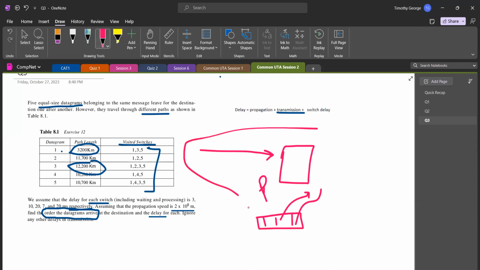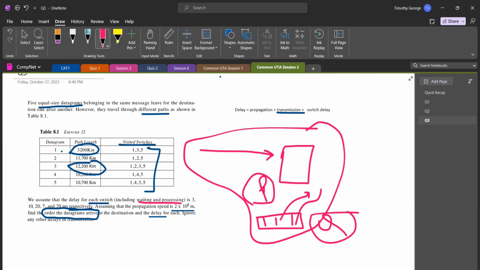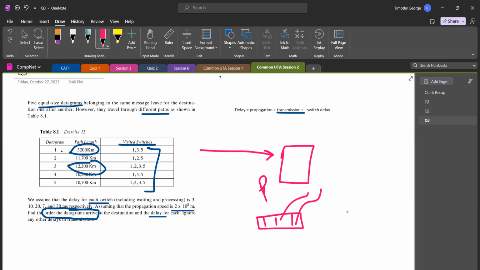So this in total is what they've called delay for each switch, including waiting and processing. So it's basically a queuing delay and the processing delay. Right? So that's queuing.